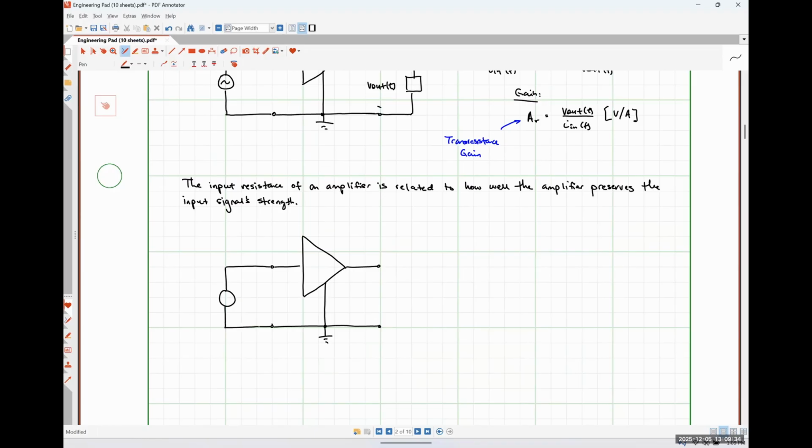And what I'm going to do is I'm going to measure the voltage drop across the terminals of the amplifier and the current flowing into the amplifier, like so. I have to do this with the output terminals open circuited. So I'm just going to put a note here.